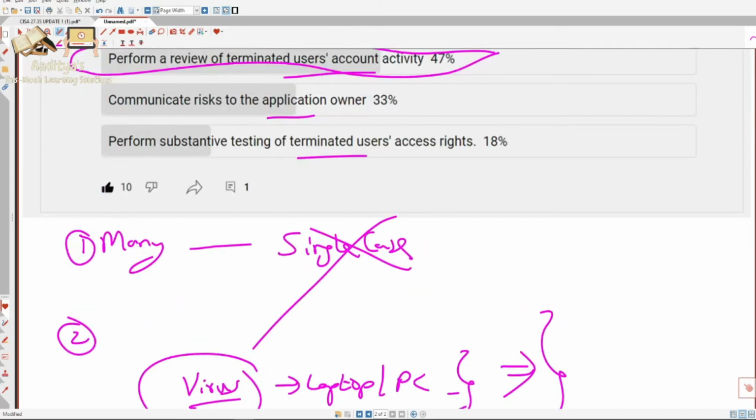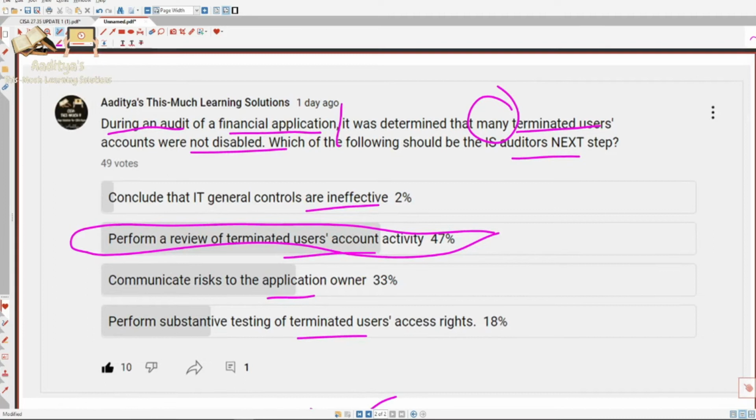Similarly here, the users have left the organization, terminated users, but their accounts were not disabled. We are not talking about what such users can do with their access, or what kind of unlawful things they can do. We are not talking about that. This itself is a violation of a policy.